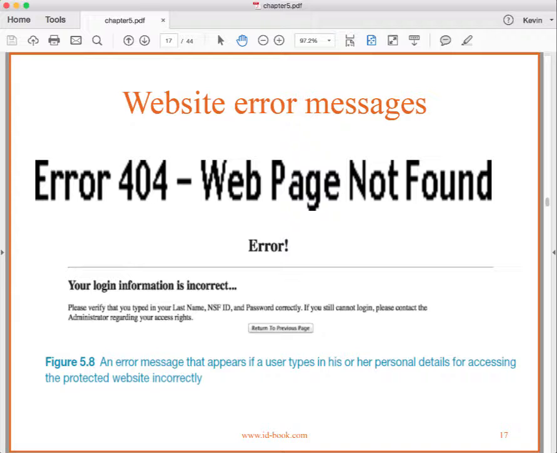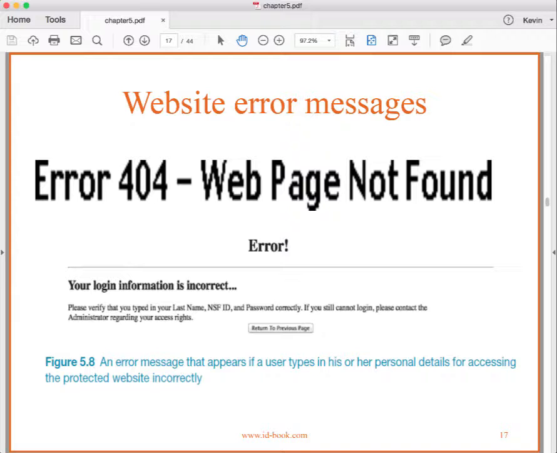We've all seen the famous 404 webpage not found. Okay. What we see here looks like a custom page. It looks like it's not something that just came up in the browser. So it looks like this is an application that has intercepted and handled a 404 error. On the other hand, it hasn't done anything constructive with it at all.